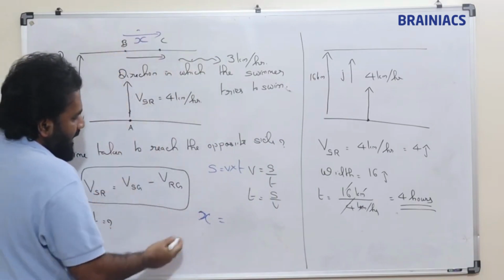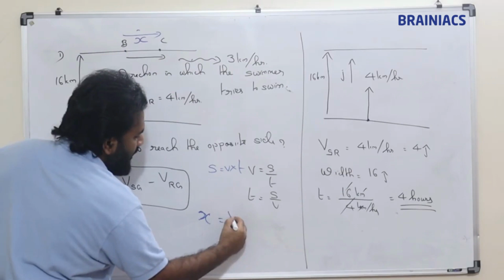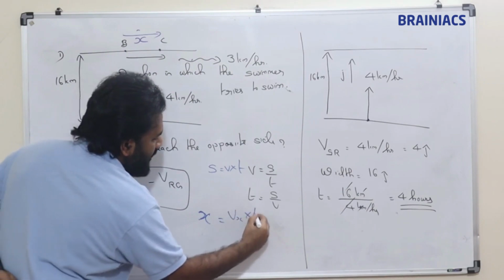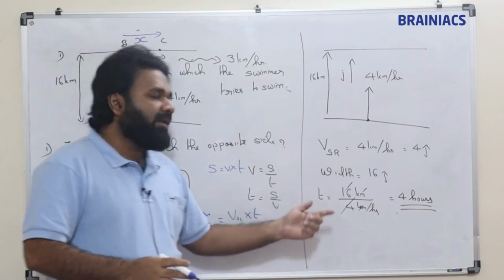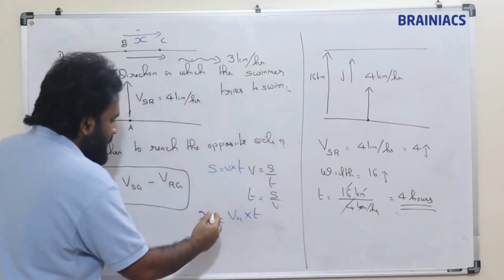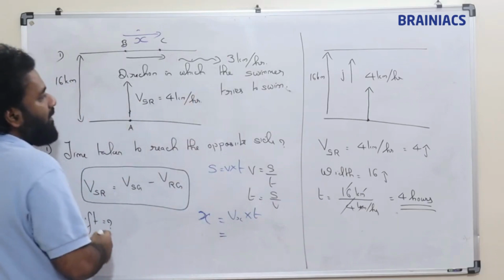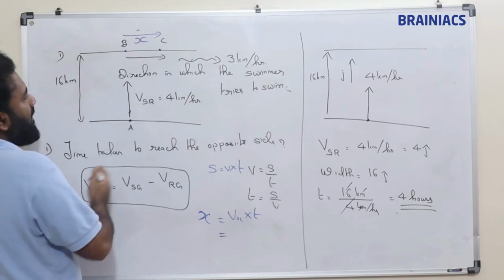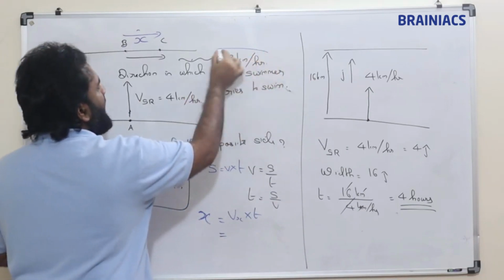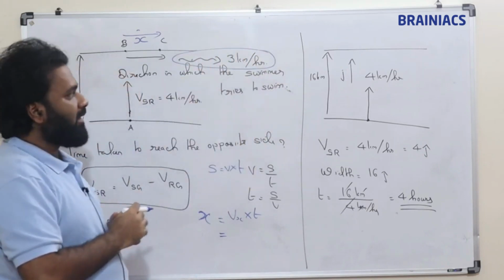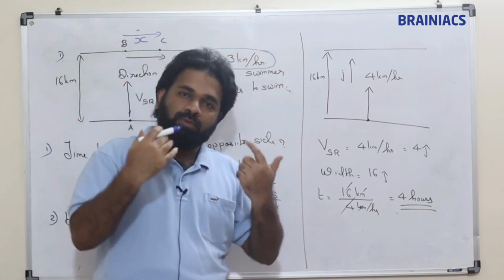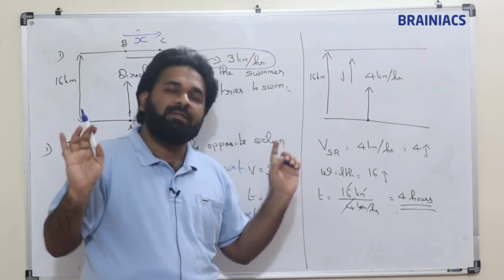Now see, x is equal to Vx into t. T we have already found, and for t we can use it anywhere. What is Vx actually? The only Vx which is available is this river velocity. The swimmer, river, everyone is a system.